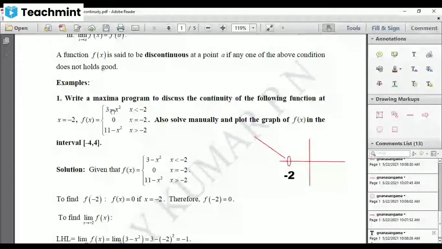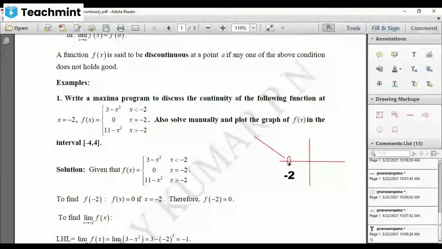And f of x is 0 if x equals -2. So if you give x equal to -2, you'll get 0. So the height is 0, meaning this point itself. This point itself is the graph f of x equal to 0.